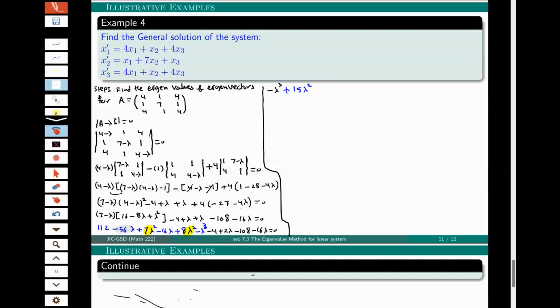Okay, so minus 56 and minus 16. What else I have? Plus 2 and minus 16. Okay, let me double check. I have minus 56, minus 16.